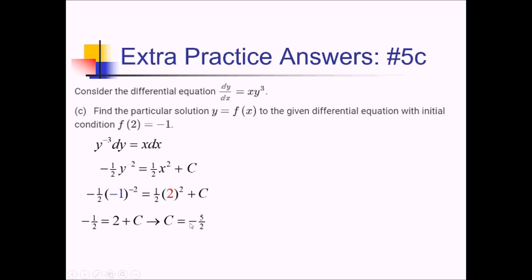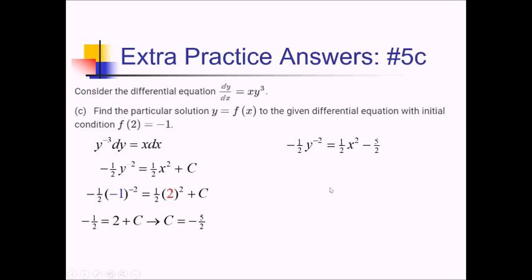Okay, so now let's go ahead and plug that back in. So we've got negative 1/2 y to the negative 2 equals 1/2 x squared minus 5/2. We're almost there. We still do need to isolate the y value, though. I can start that process by multiplying everything by 2.